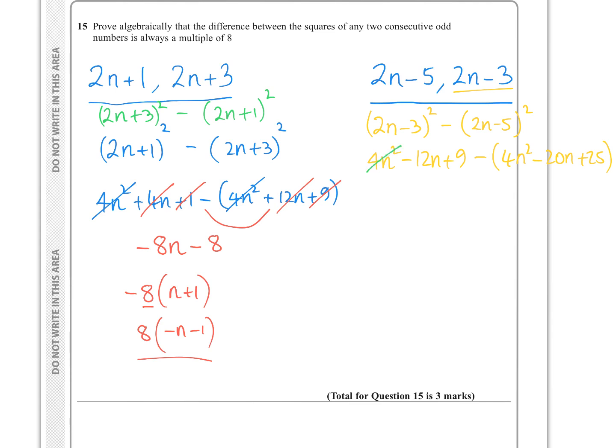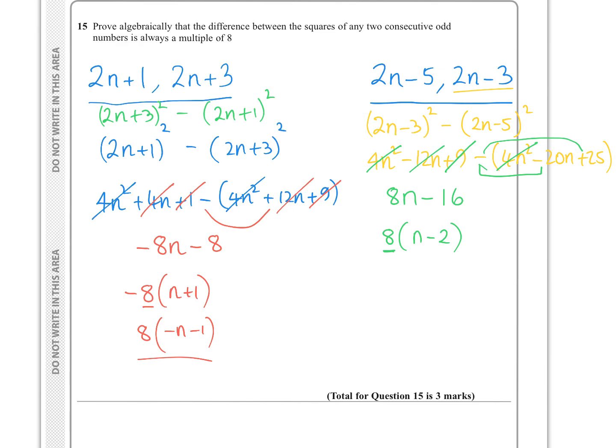And then we're going to have 4n squared minus 4n squared, which is 0, minus 12n plus 20n is 8n, and then 9 minus 25, which is minus 16. Nearly had to use my calculator for that, but 9 minus 25 is minus 16. And then we can take an 8 as a factor there. And you can see that it's a multiple of 8 again.